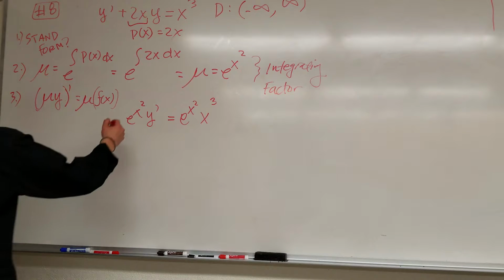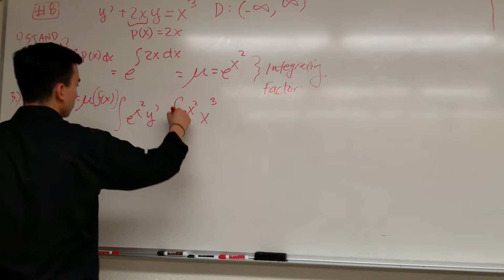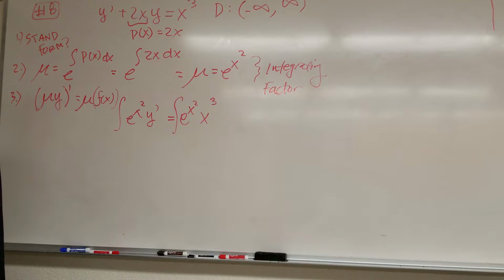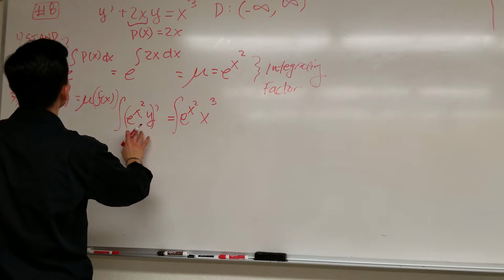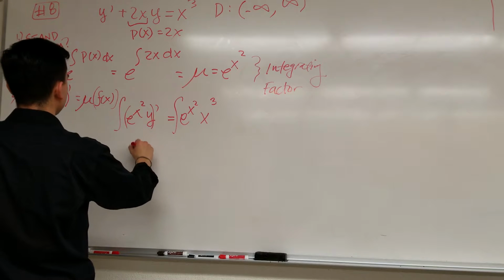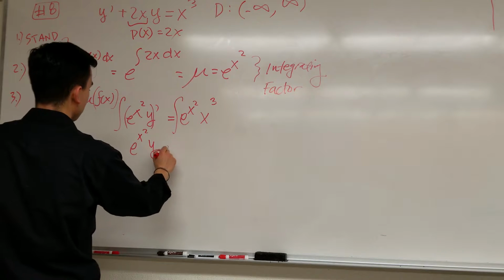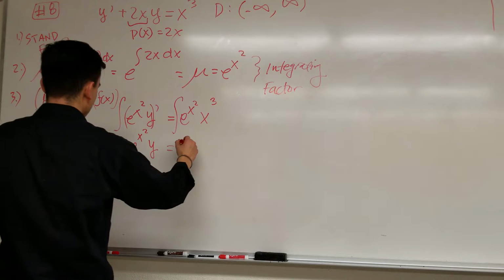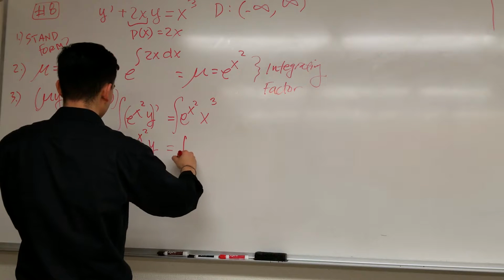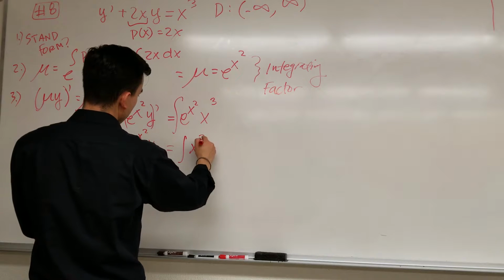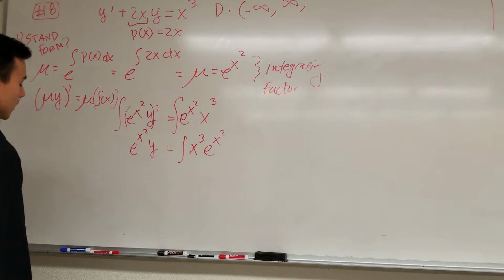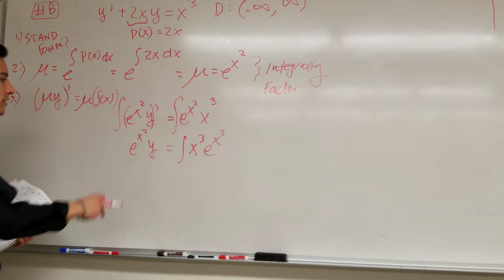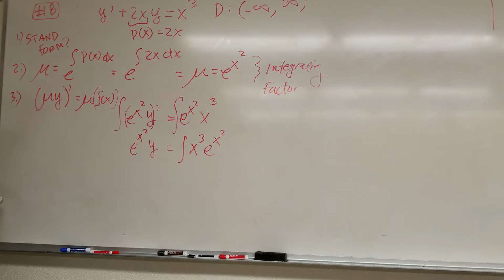Great. So now we're going to integrate. Now this becomes e to the x squared times y equal to the integral of x cubed e to the x squared. I haven't taken the integral of that yet because we'll do it right now. So let's go ahead and do that.